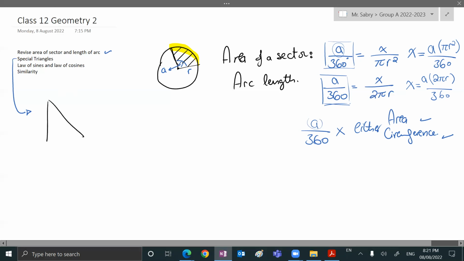First of all, both are right triangles. One of them has angles of 45 and 45, and the other one has angles of 30, 60, and 90. So yes, 45, 45 and 30, 60, 90, exactly.